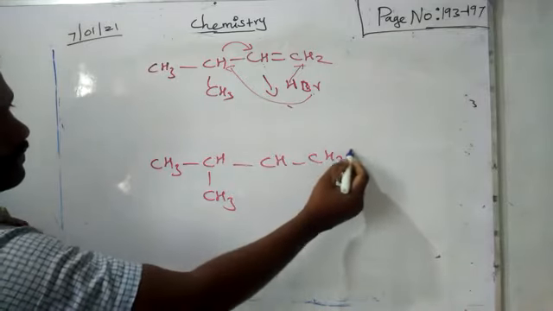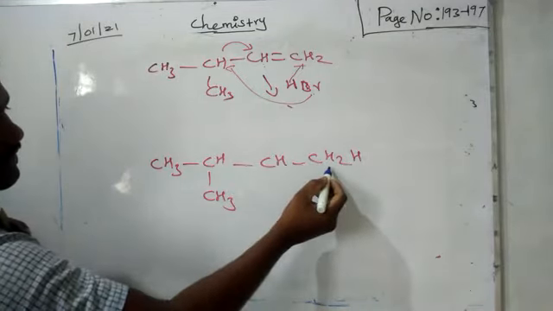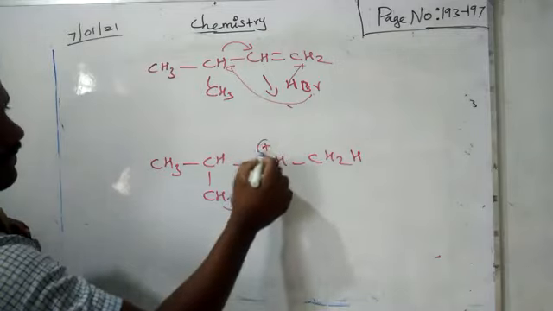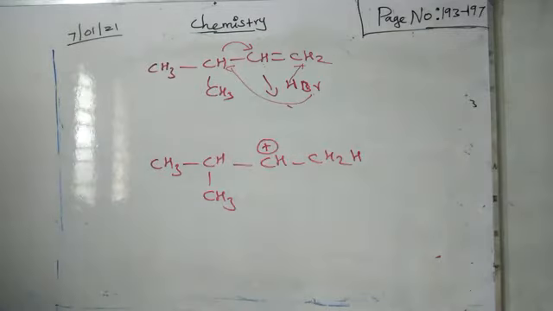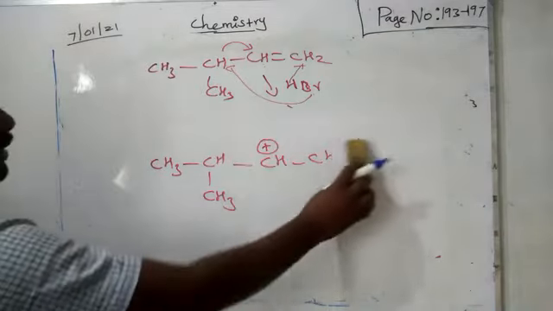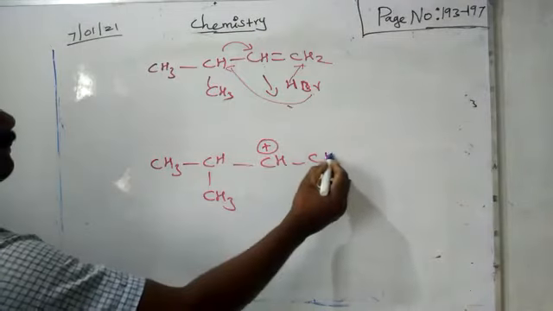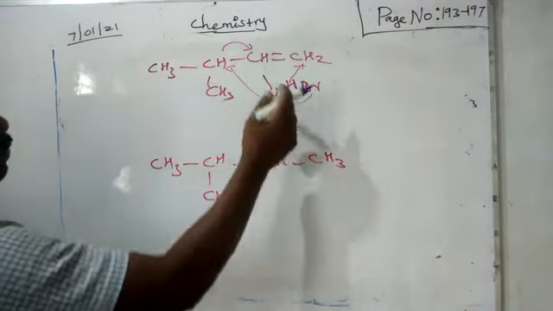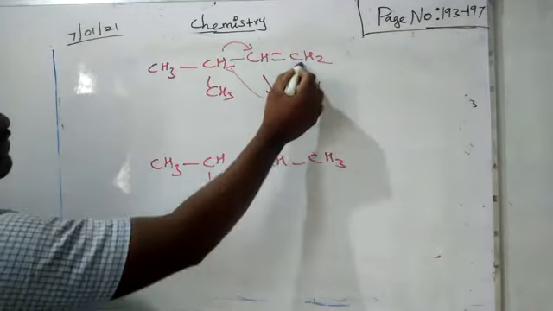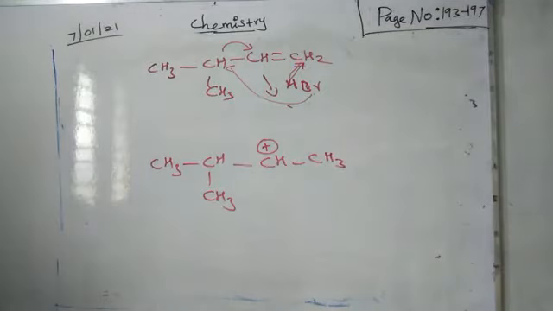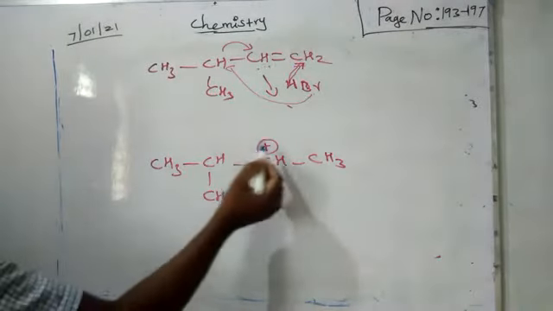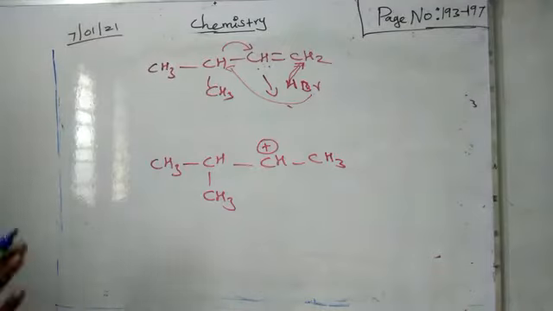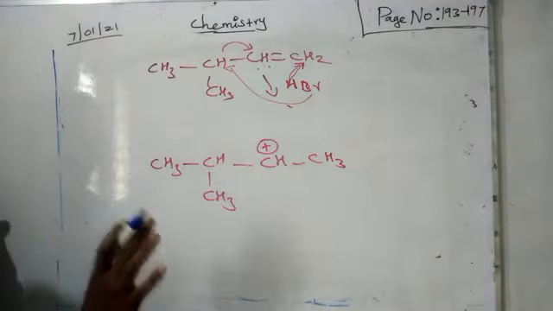Usually one hydrogen we can add in the terminal carbon, which will carry positive charge. How? According to the Markovnikov addition rule, in this compound if you add HBr, H will attack the CH2 group. Now CH plus will form. This is carbocation formation.